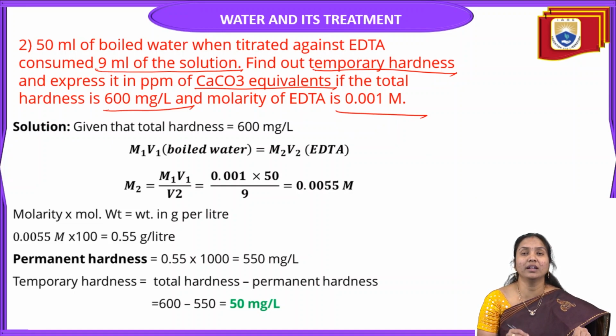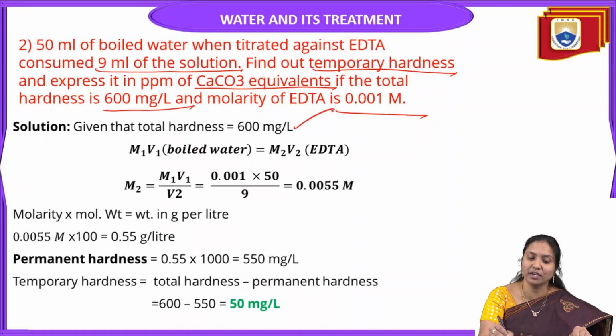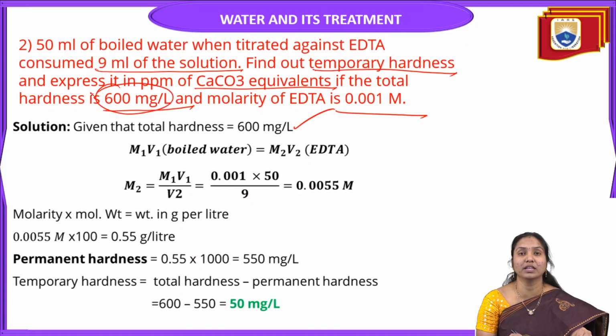Given that the total hardness of the water sample is 600 milligram per liter.